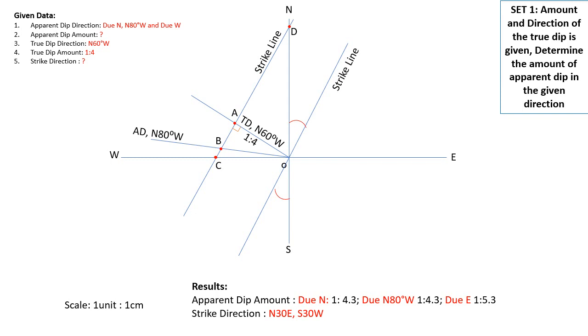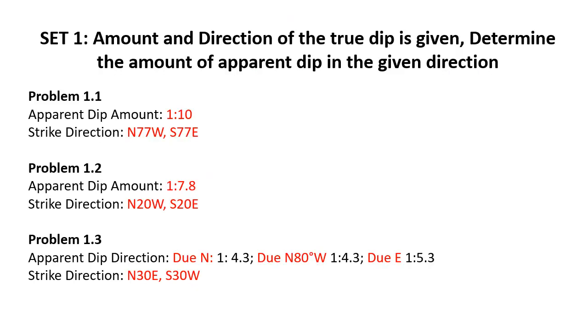Opposite angles are equal, so from north it is 30 degrees towards east and from south it is 30 degrees west. This is the way we have to write the answer, and the scale also. So this is set 1. Here I have given your answers also. You can try problem 2 as homework. All these problems we are going to solve in the journal.